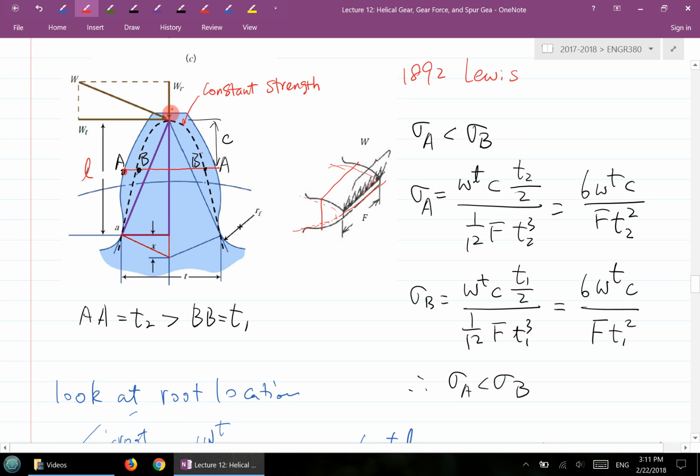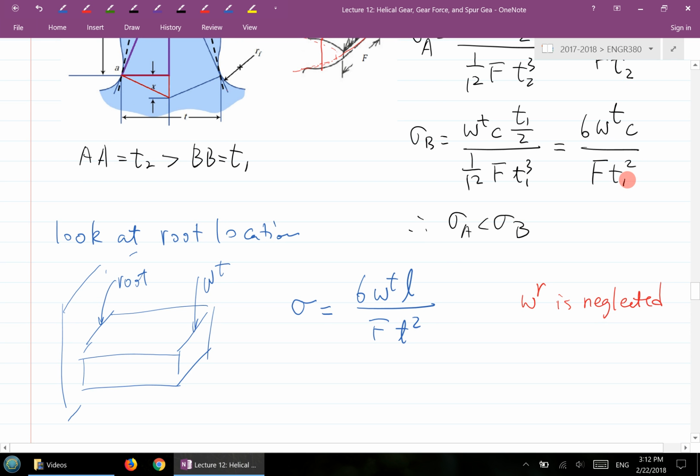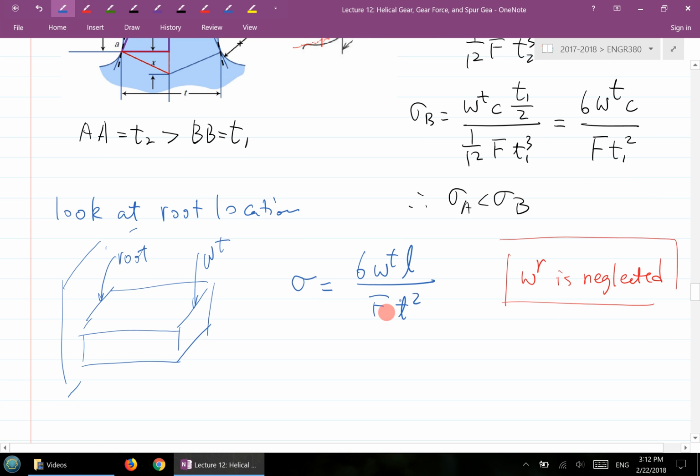Why? Wr is pressing the tooth, so what type of stress does it cause? A normal stress, compressive. And Wt at the root location causes a normal stress too, but tensile. So they are in different directions. Technically you should consider that, but Lewis didn't. This is actually one of the reasons that, for actual design, we need to take this into consideration. But for now, the Lewis equation didn't consider Wr.